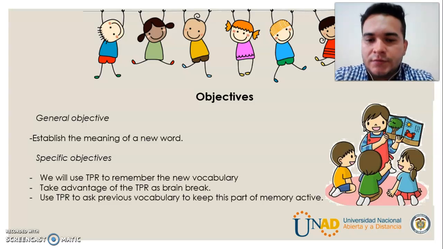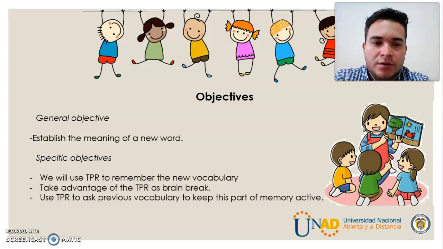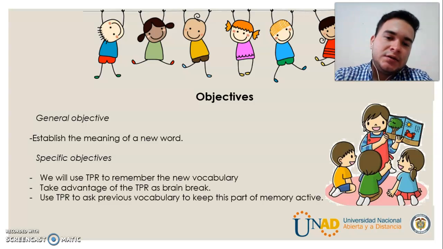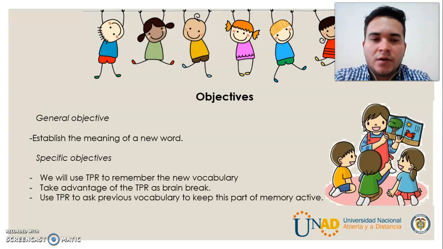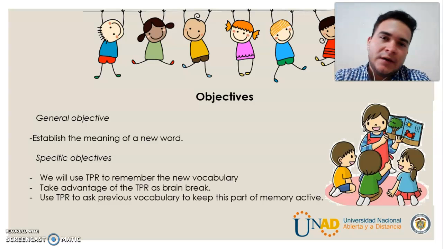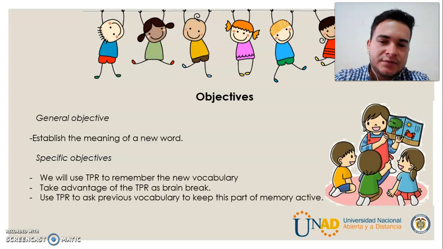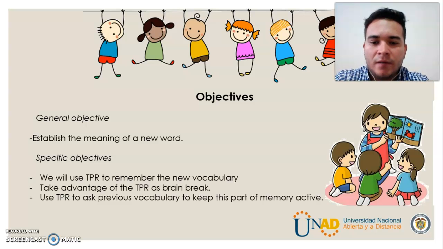In every session, every class has different vocabulary, and this activity takes advantage of TPR as a brain break, a rest in the middle of the class or at the end of the class, because the children get bored in class, so this activity can work like a brain break for the children.